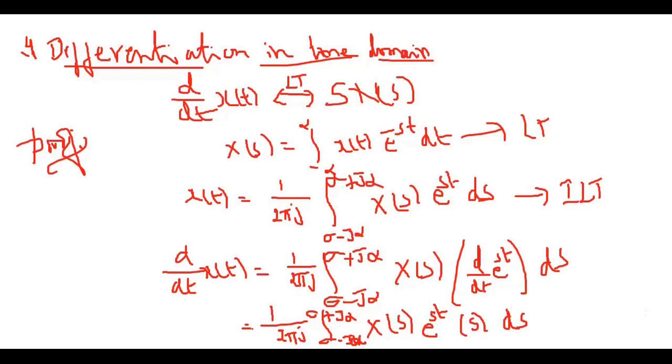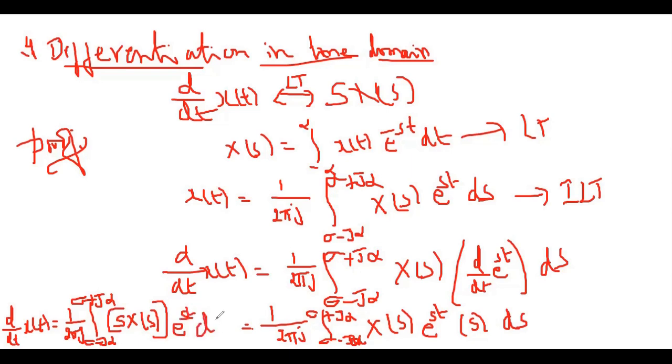So d by dt of x of t is equal to 1 by 2 pi j, integral from sigma minus j infinity to sigma plus j infinity, of s into X of s as one function, e power st ds.